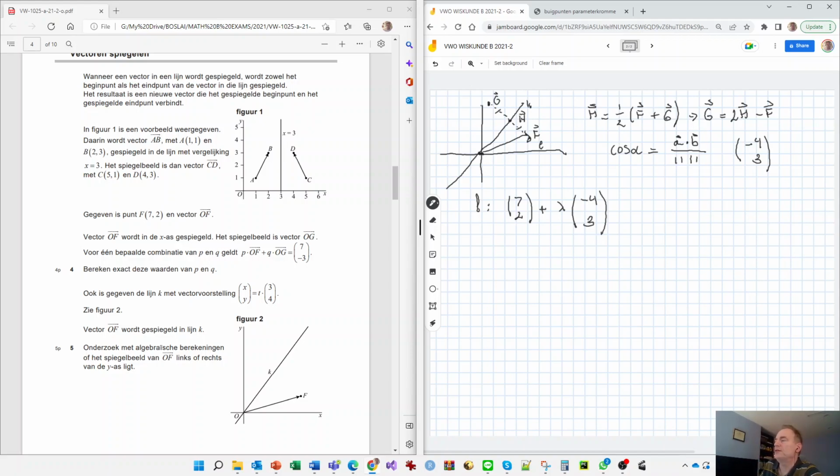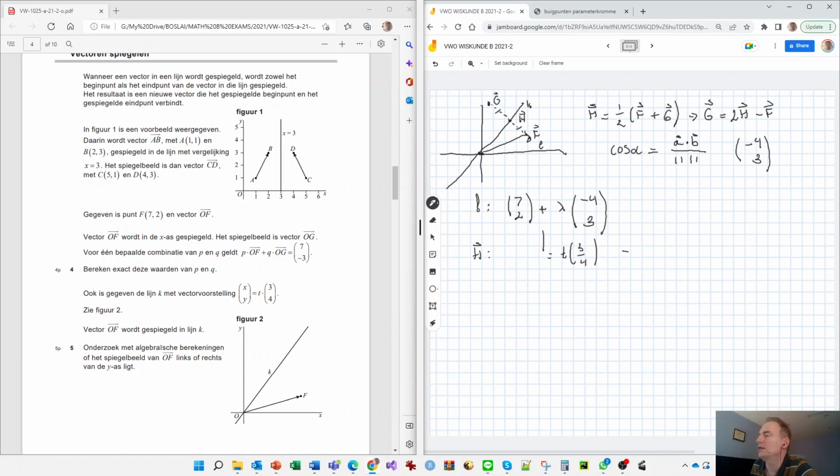And now I have to intersect it with K. So I want to find H. So what I do is just say that this thing here has to be equal to t times 3, 4.